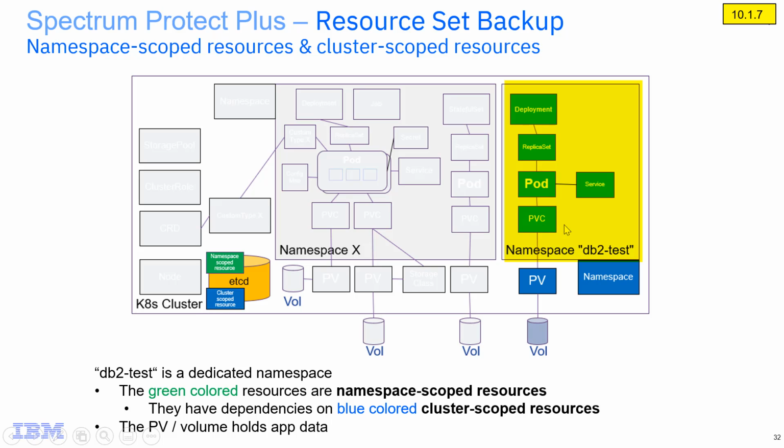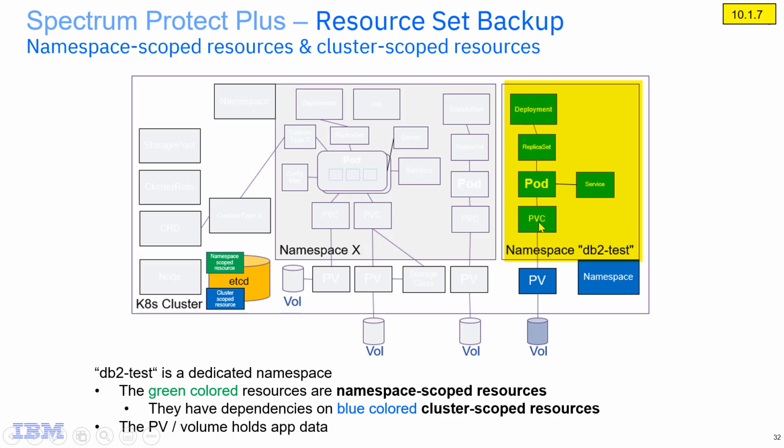And if we look at this namespace DB2 test, inside of that, we have our pod, which would have the applications running, files, as well as the different resources that go along with that. So the green portion here is going to be called a namespace scoped resource. So that namespace in our case is DB2 test, and these are the resources specific to it.